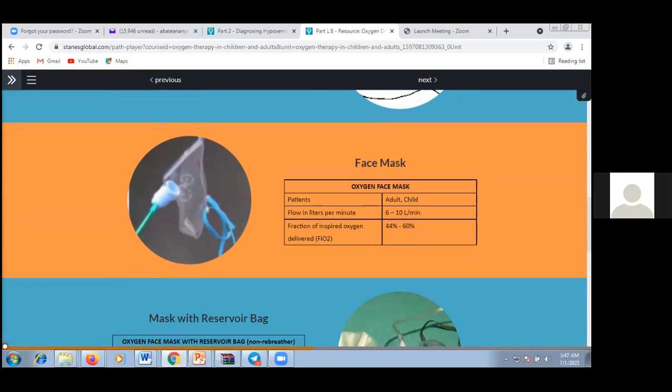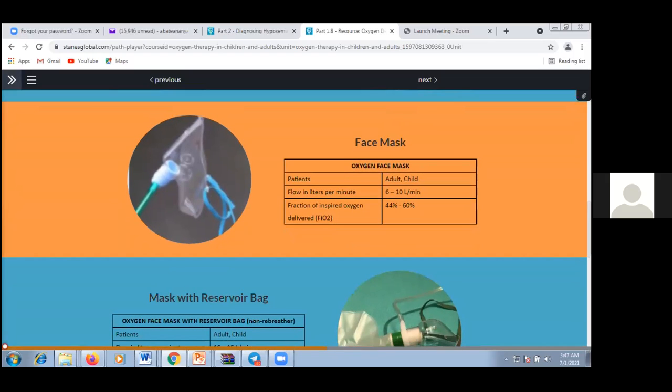Then comes the face mask, which is used in adults as well as children. The flow rate with a face mask is 6 to 10 liters per minute. If you administer below 6, it can lead to dead space ventilation or rebreathing, because the mask has some dead space that can be filled with carbon dioxide and rebreathed.